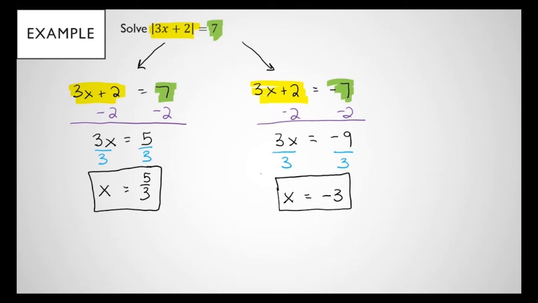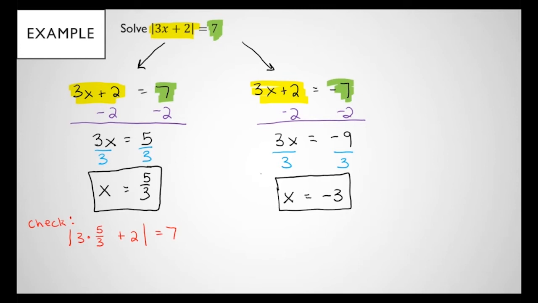And you can check your answers. And it's always good practice to check to make sure that you didn't make any mistakes. So let's see, checking the fraction one, I have the absolute value of 3 times x. So x is 5/3. Then I have plus 2 equals 7.